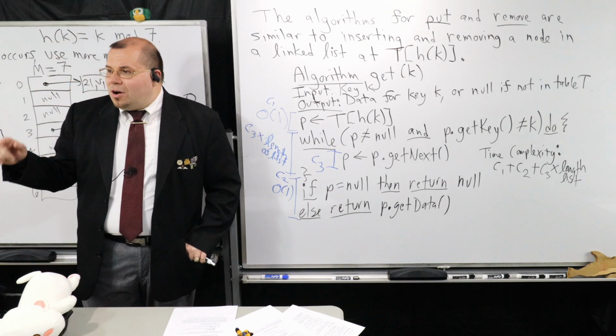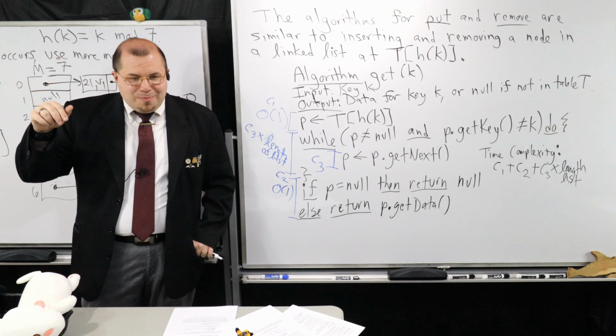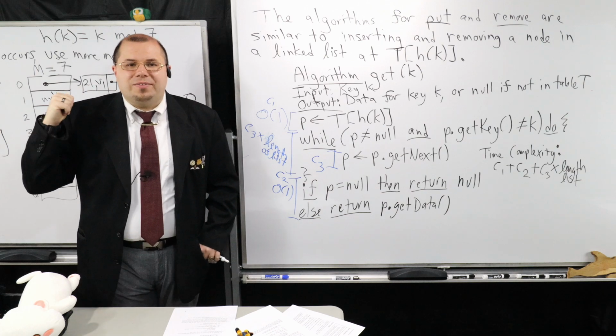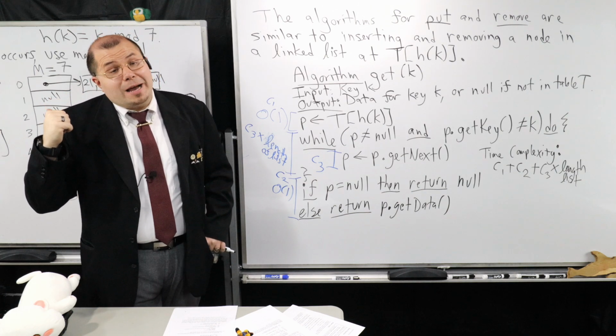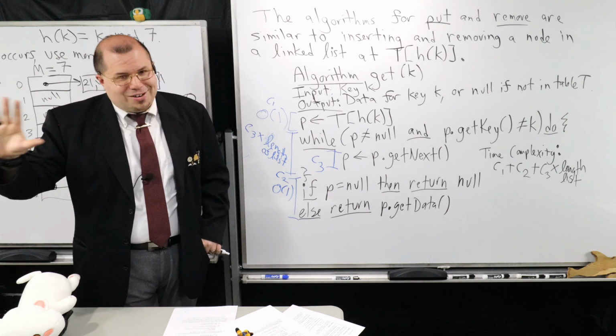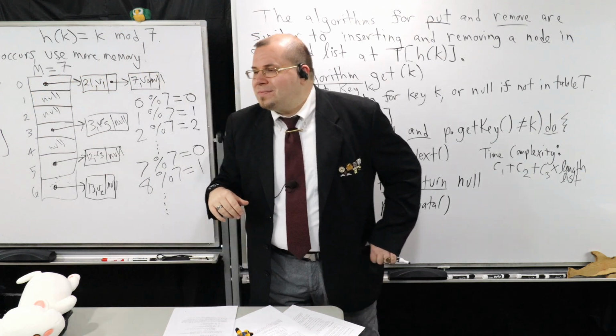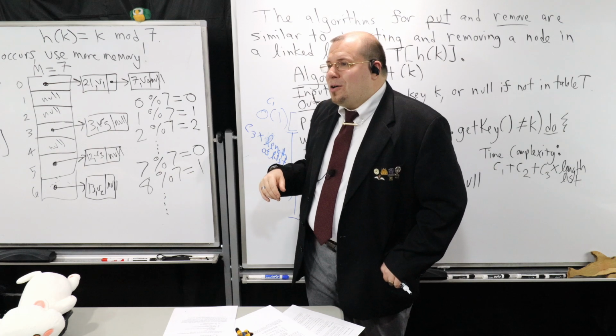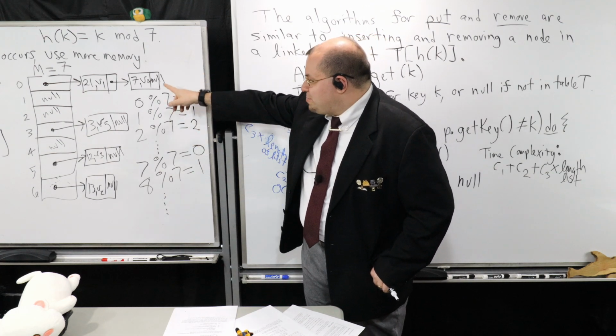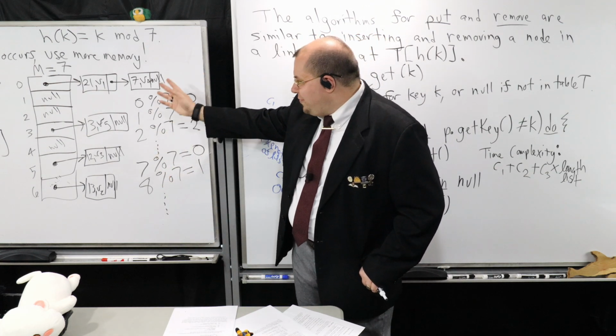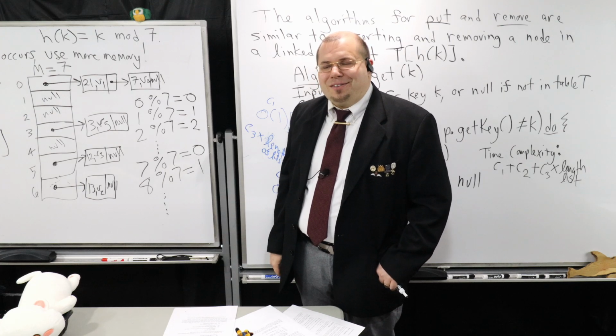If I put a whole bunch of multiples of 7 in there, but suppose that's the only records I put in, all of their keys are multiples of 7. Where are they all going? Are they going to be spread out like this, sort of? Or are they going to be somewhere else?